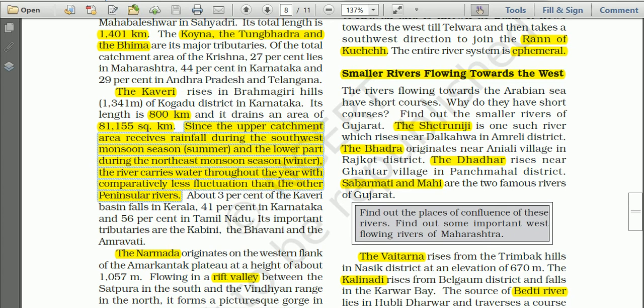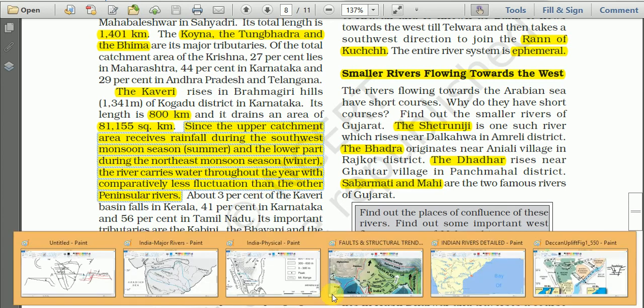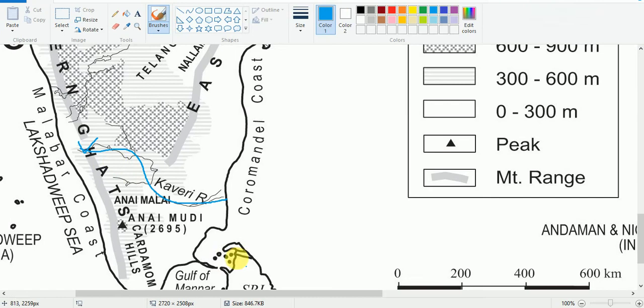Since the upper section of the Kaveri River receives rainfall from the southwest monsoon, that is the summer monsoon, and the lower course receives rainfall from the northeast monsoon, that is in the winter season.